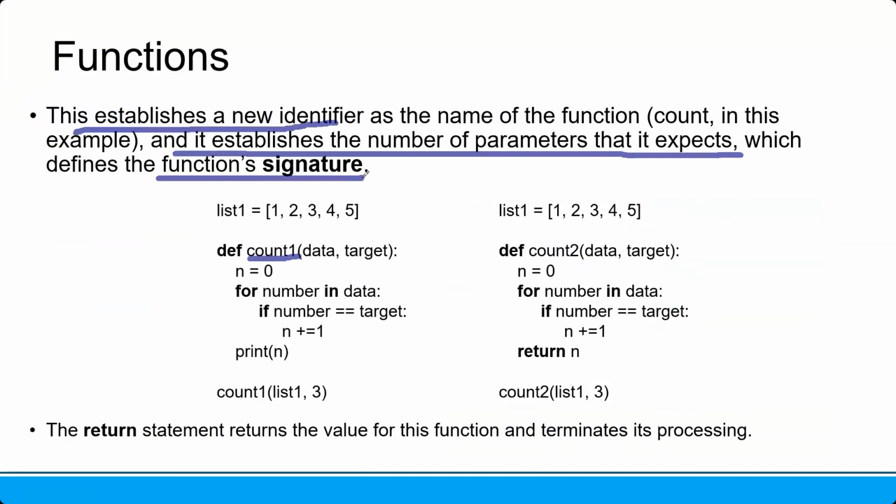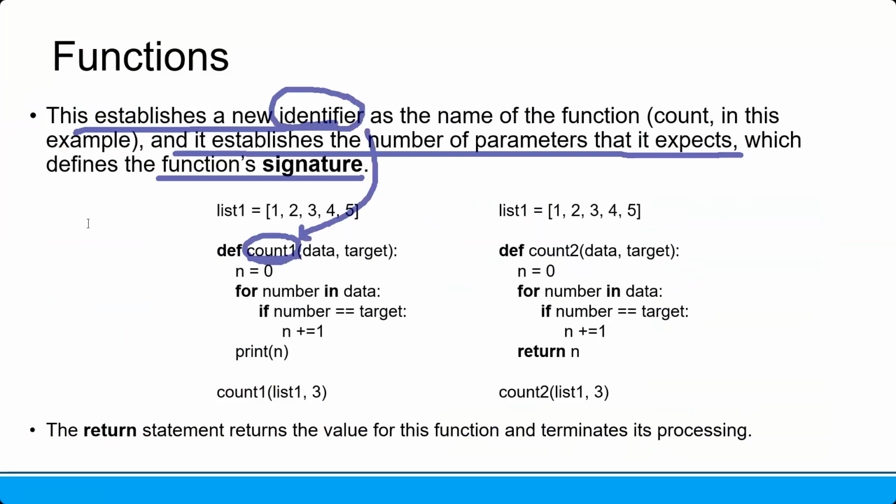So we already learned that this is a function name, and this is an identifier. Do you still remember what an identifier is? Identifier equals the variable name. So every function name should be unique.